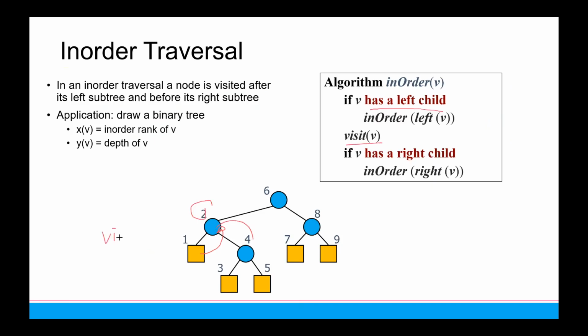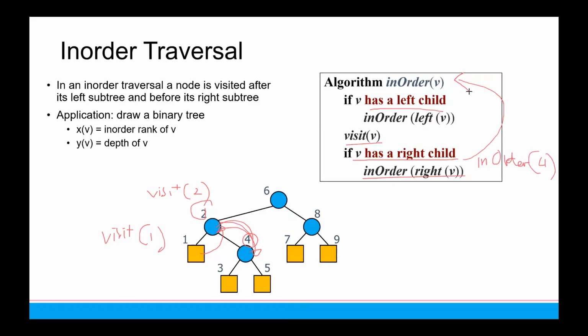So first we visit 1 and then we visit 2, and then go to this one. V has a right child? Yes, this is the right child. And then we go to in order right V, so in order 4. We call in order 4, then we go back.